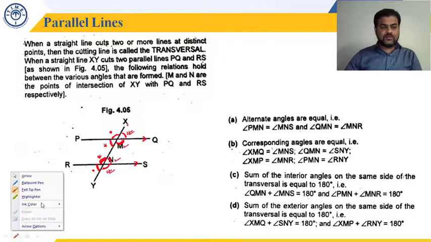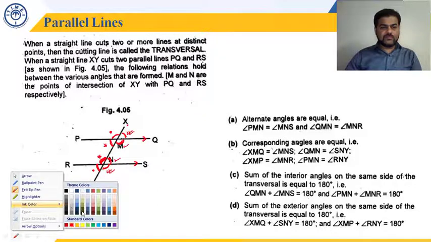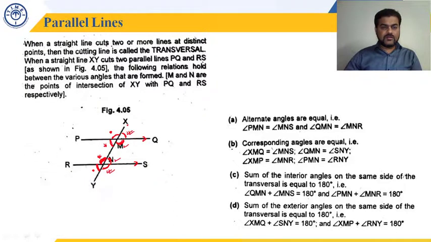Now let me take another color and let's look at this one, this one and this one. So all the angles which I have just marked in the color green, they are all equal to each other.